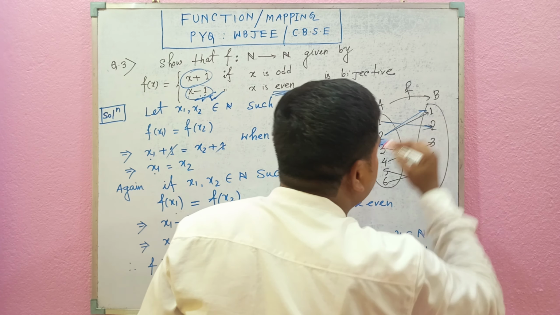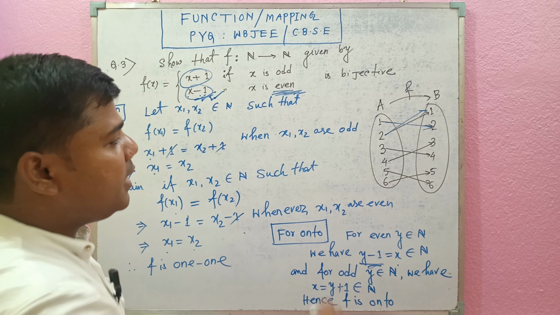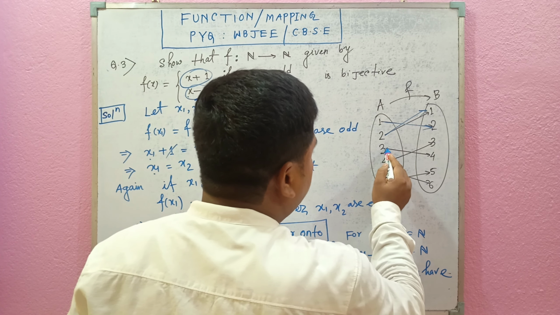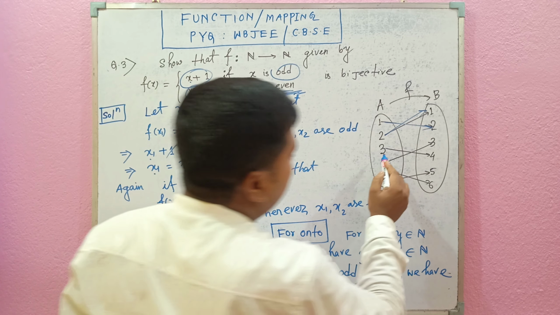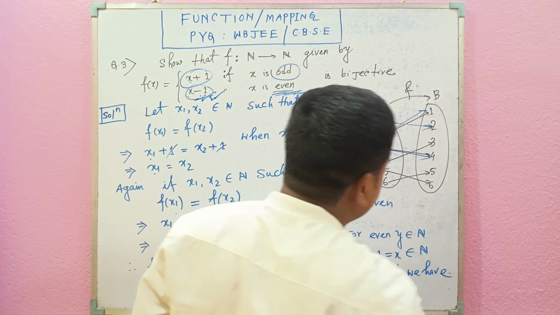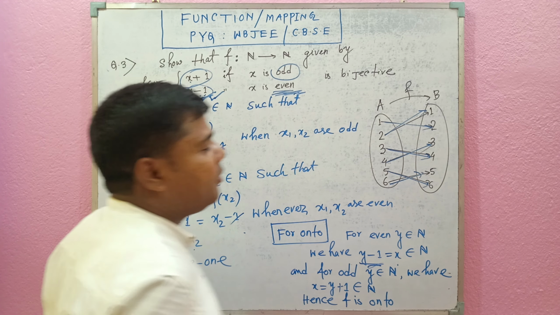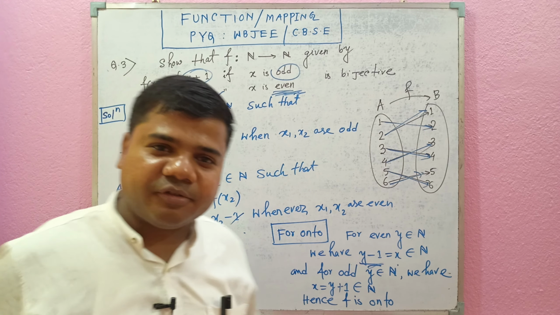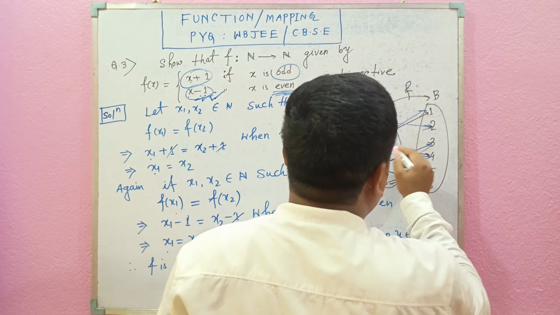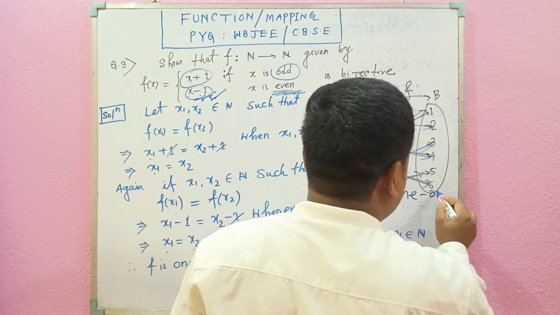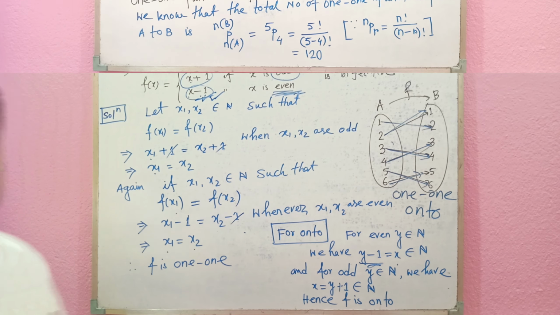So the output of 2 is 1. If we take x is equal to 3, then 3 plus 1 is equal to 4. So the output of 3 is 4. Similarly, the output of 4 is 3, 5 maps to 6, and 6 maps to 5. Okay. So this is 1-to-1 and onto. So this is bijective.